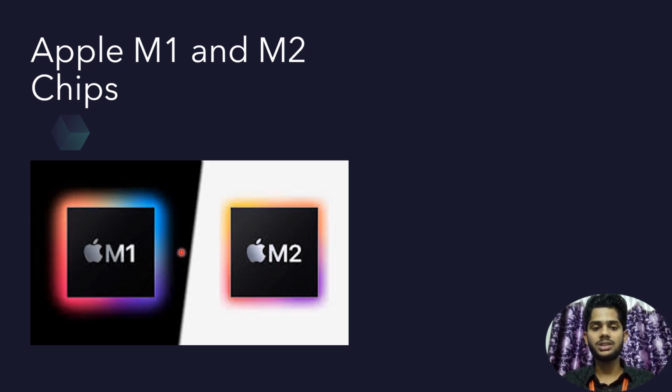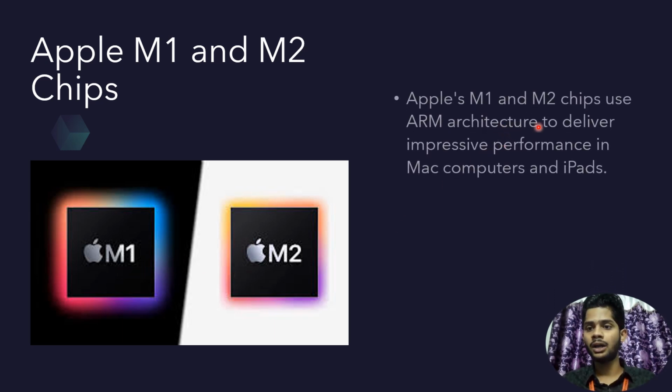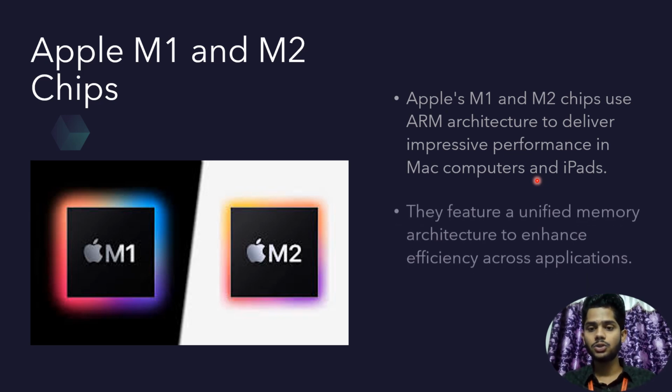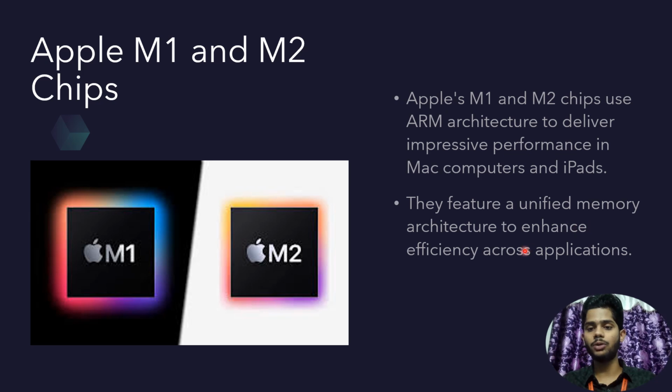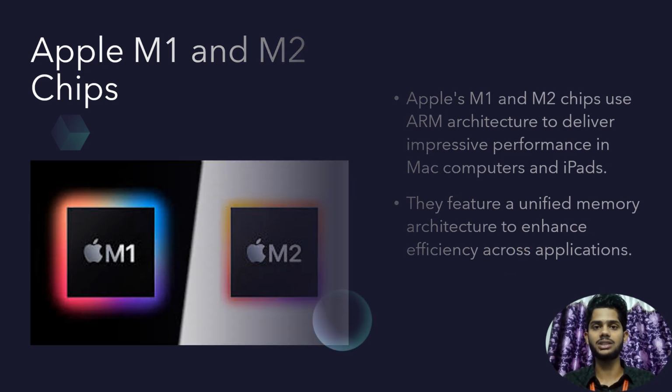Apple M1 and M2 chips use ARM architecture to deliver impressive performance in Mac computers and iPads. These chips are used in iPhones, iPads, and Mac computers and laptops. They feature a unified memory architecture to enhance efficiency across applications.